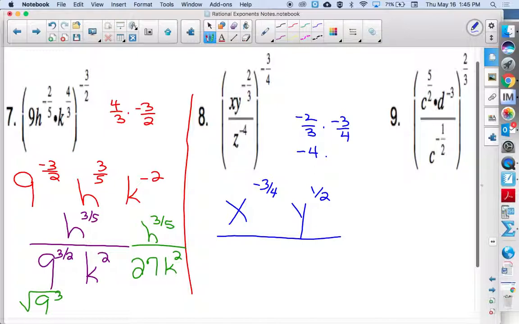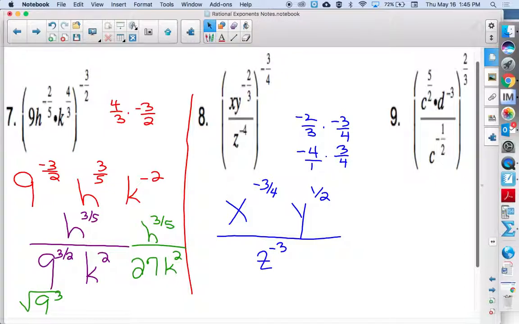Negative 4 times 3 over 4. 12 divided by 4, so it's 3. There you go. Yeah. Positive? Oh, because that was a negative. Yep. My fault. Positive. Go with what Nick said. Alright.